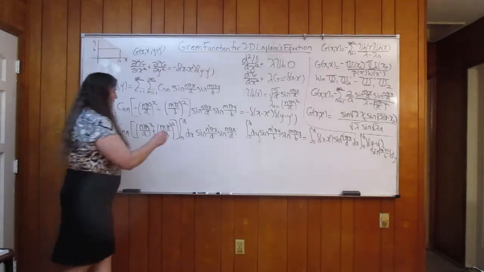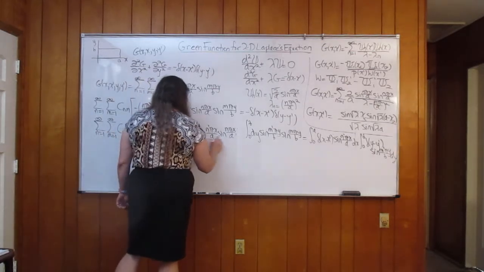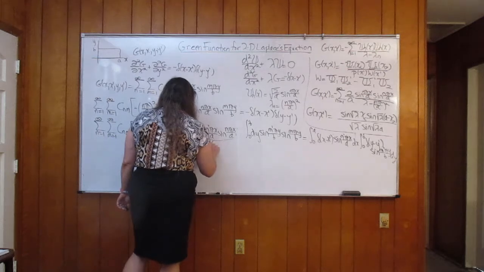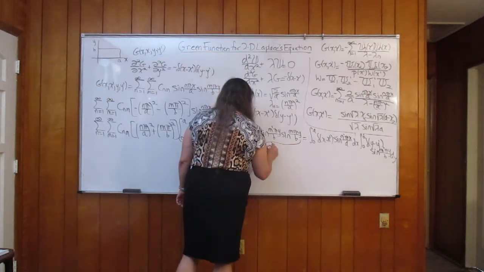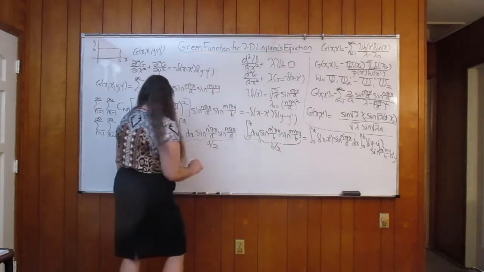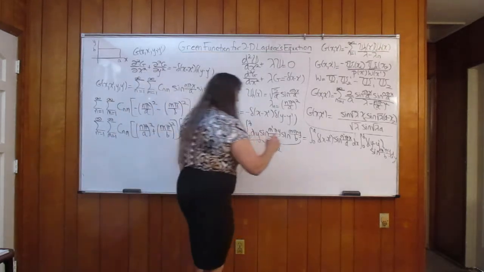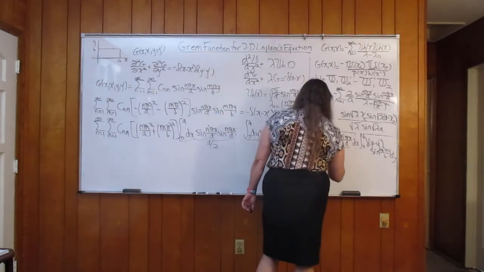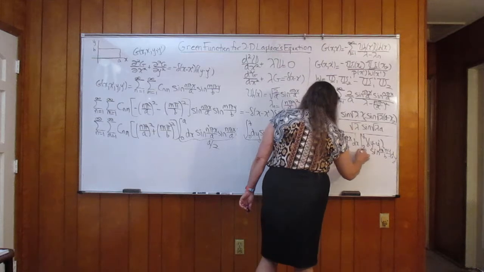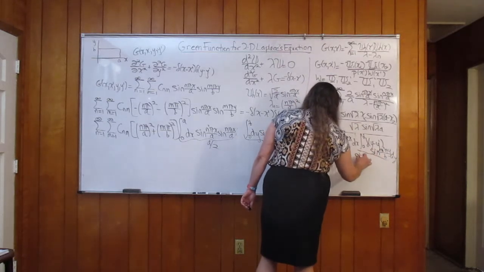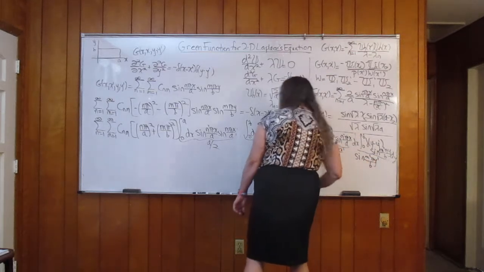Okay, so after all this, when I do the math here, this is going to give me a factor of a over 2, and this is going to give me a factor of b over 2. It's going to give me sine n prime pi x prime over a, and this is going to be sine m prime pi y prime over b.